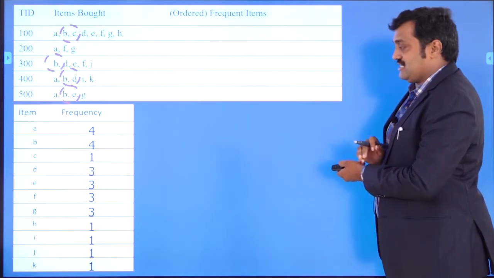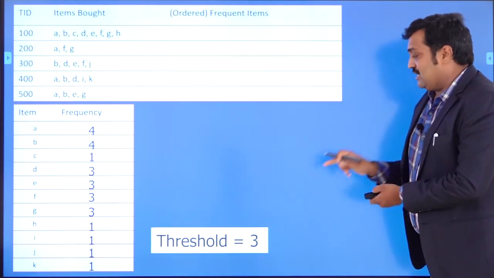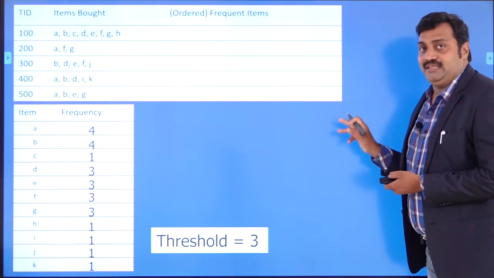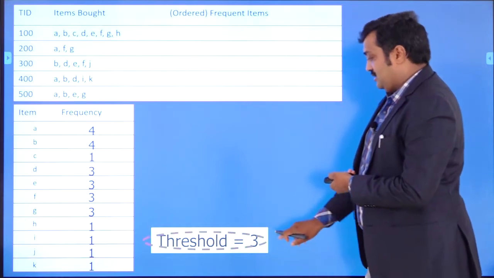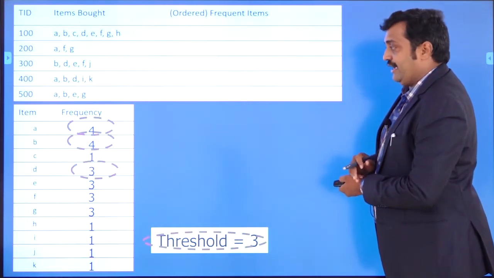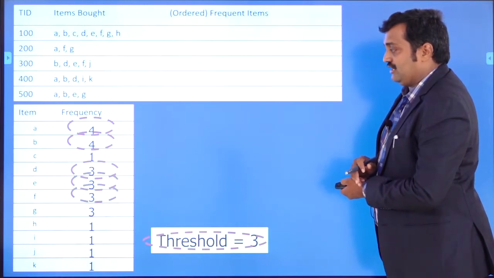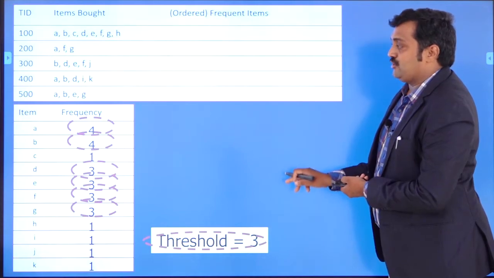Now I am applying the threshold. Our condition is that the count should be equal to 3 or greater than 3. So we need to check which items have a count equal to 3 or above 3.